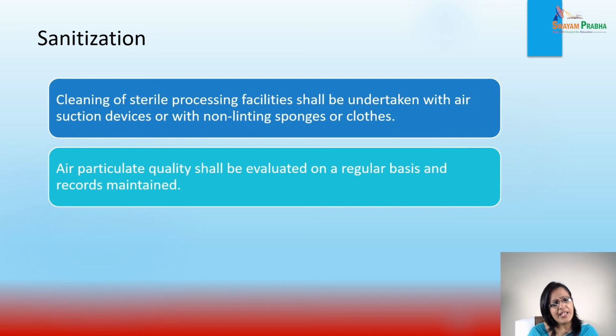Next, cleaning of the sterile processing facility shall be undertaken with an air suction device or with non-linting sponges or cloth. Air particulate quality shall be evaluated on a regular basis and the records of every operation documented.